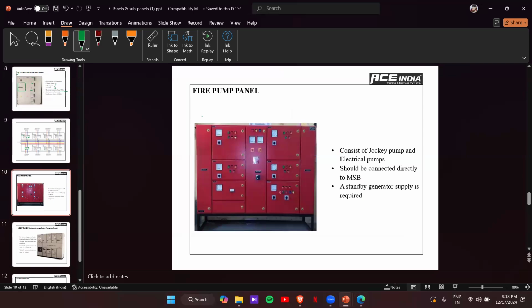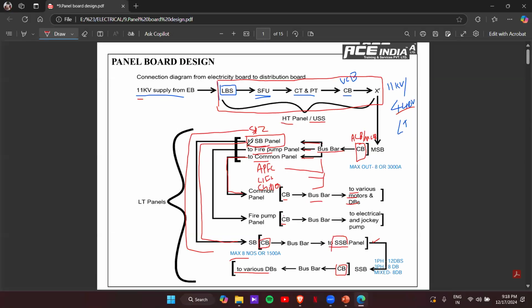Then fire pump panel again used to give connection for the pumps which are associated to the firefighting system. Okay, so commonly we'll be having a jockey and electric pumps and they should be connected directly from the MSP itself. So as I mentioned before, some connections mandatorily we have to take from the MSP itself.